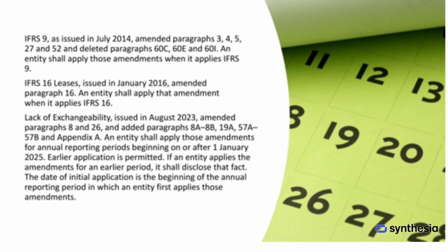Lack of Exchangeability, issued in August 2023, amended paragraphs 8 and 26, and added paragraphs 8A to 8B, 19A, 57A to 57B, and Appendix A. An entity shall apply those amendments for annual reporting periods beginning on or after January 1, 2025. Earlier application is permitted. If an entity applies the amendments for an earlier period, it shall disclose that fact. The date of initial application is the beginning of the annual reporting period in which an entity first applies those amendments.